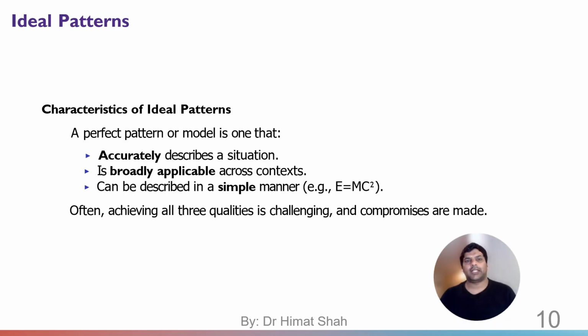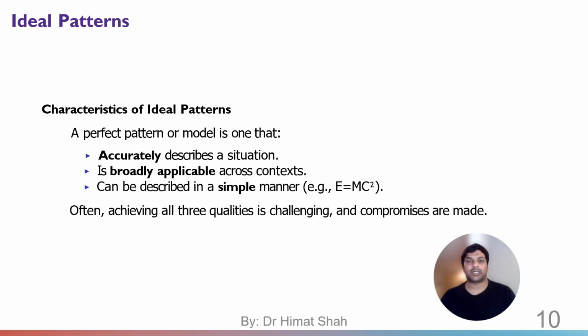Let's explain what makes a pattern or a model ideal or perfect. There are three characteristics. Number one is accuracy. It should accurately describe the situation. For example, Newton's law precisely explains physical motion. Number two is broad applicability.